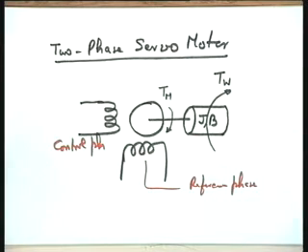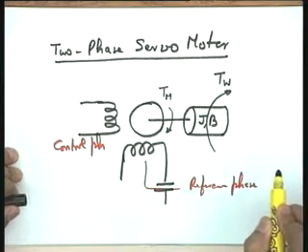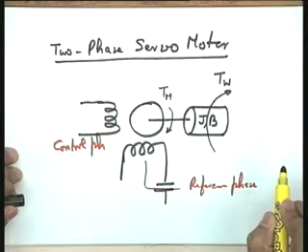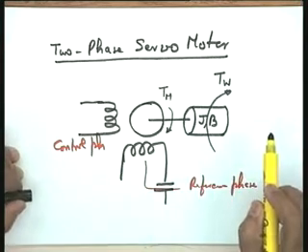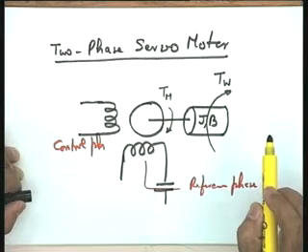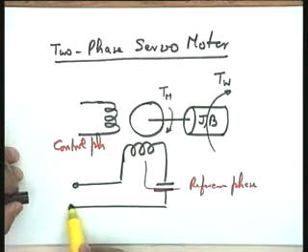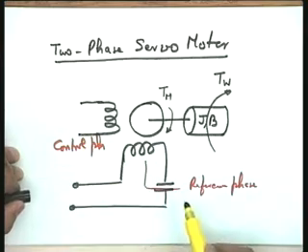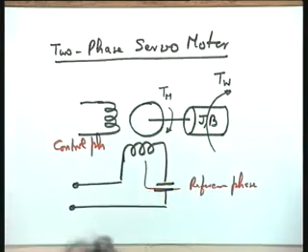In this particular circuit, I put in a phase shifting capacitor. The idea is that the two-phase supply I should be able to get through a single-phase voltage supply available to me. So, if I have a phase shifting capacitor here, the natural consequence is that the phase difference between the two phases is going to be 90 degrees.